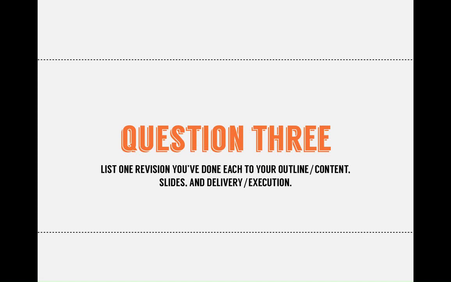So what have you done or will you do to revise your content, your slides, and your delivery? Just one thing you've done, right? Even if it's rehearsed a different way, or changed the colors on my presentation, or finally found that picture I was looking for, right? So one revision each to your content, slides, and delivery.